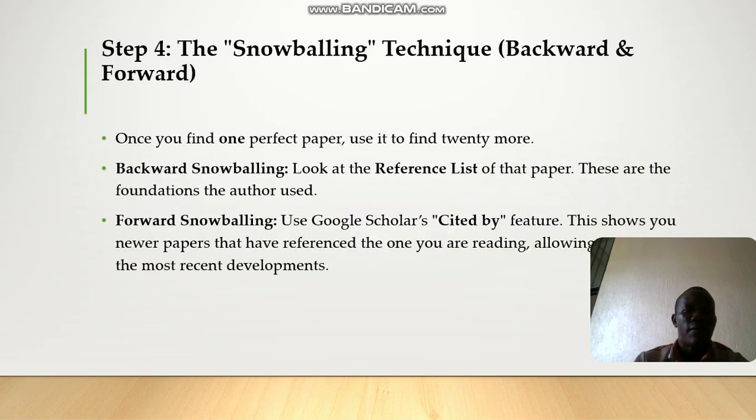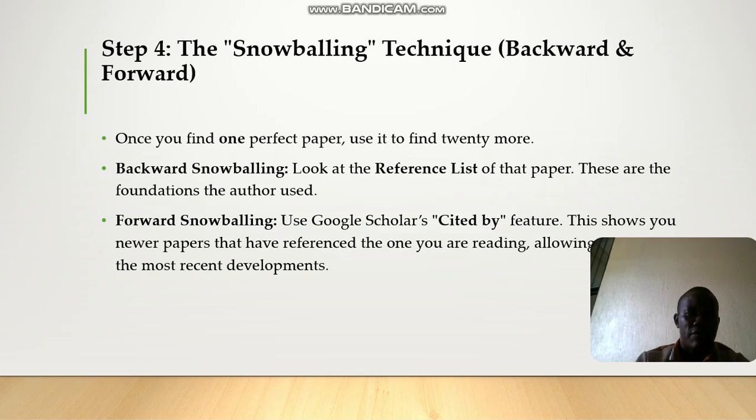In step 4, as a wind up, it is called the snowballing technique. We can even call it backward and forward. As the name suggests, once you find one perfect paper, use it to find 20 more. Backward snowballing, here we look at the reference list of that paper.